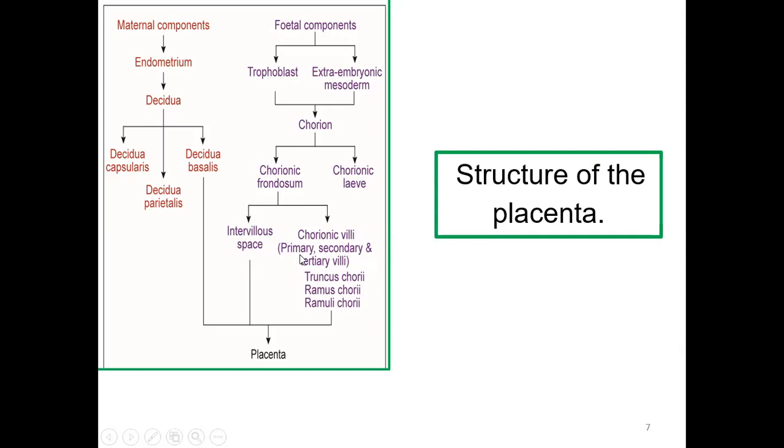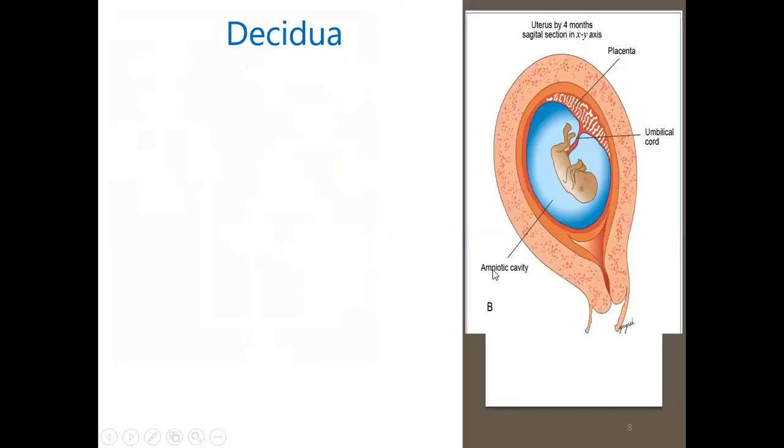There will be three types of chorionic villi throughout the gestation period: the primary, secondary, and tertiary at term pregnancy. Their branching pattern is made up of truncus chorii, ramus chorii, and the ramuli chorii, just like a tree. So the whole of these two components will constitute the placenta.